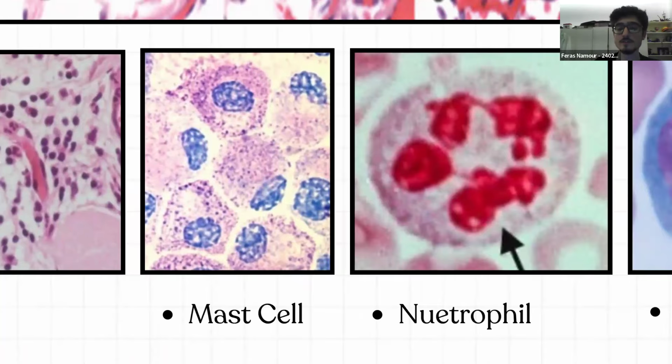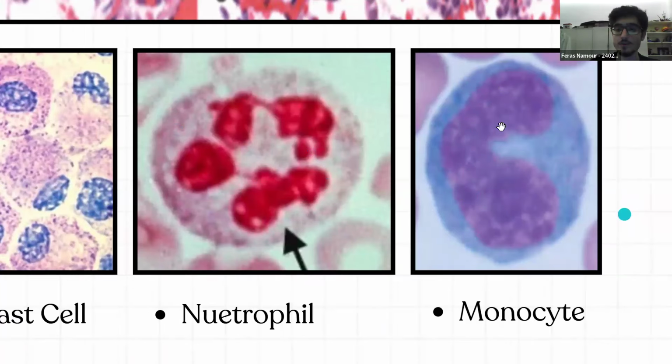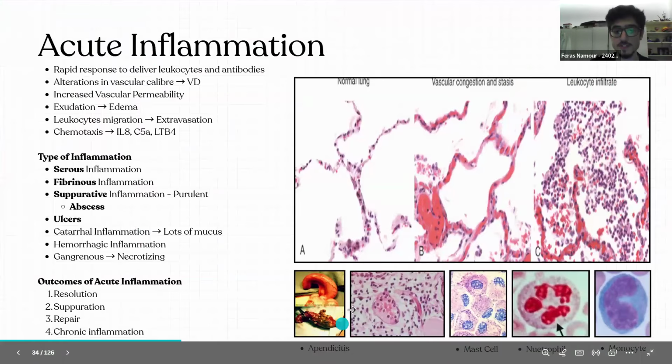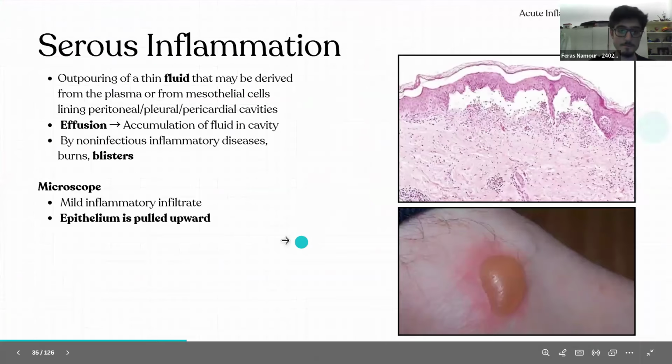In acute inflammation, they will degranulate and send out histamines. Your neutrophil, hypersegmented neutrophil, and your monocyte. So all of these are synonymous with acute inflammation. I want you to know the slide for appendicitis. I want you to know the slide for alveolar infiltrate and congestion, and also the slide for mast cells.